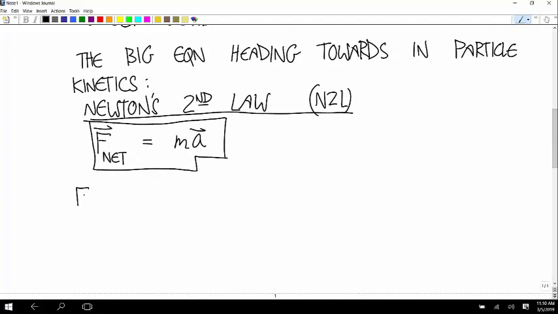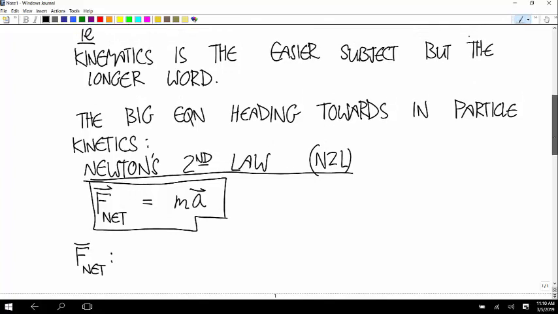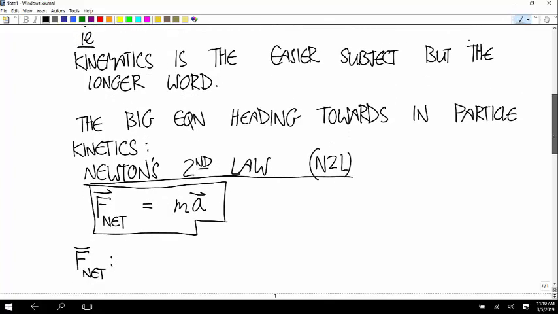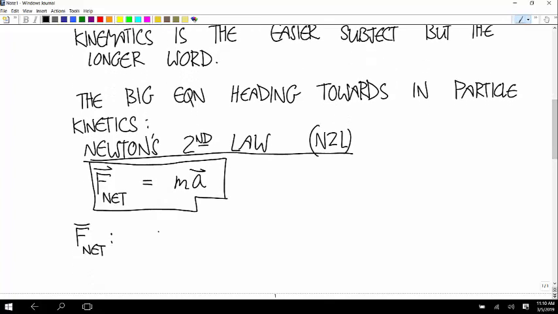So F net is the sum of all the forces acting on the chosen object.